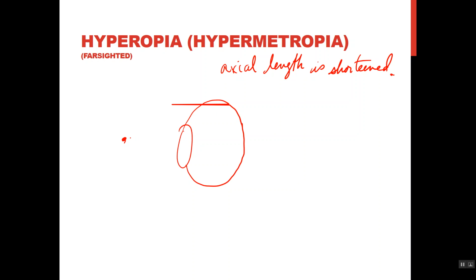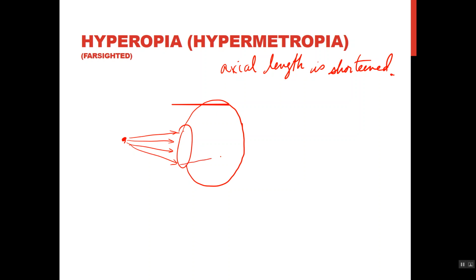And so I have rays that are diverging like this. Normally, my lens would converge it onto the back of my retina so that it lands in the fovea and I can have sharp vision. However, this time my eyeball is too short, so my lens isn't strong enough to converge it in time to reach the retina.